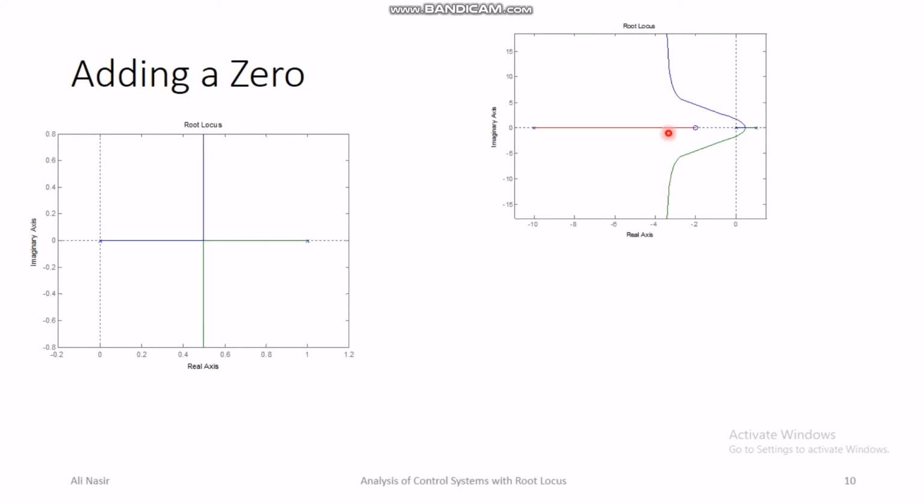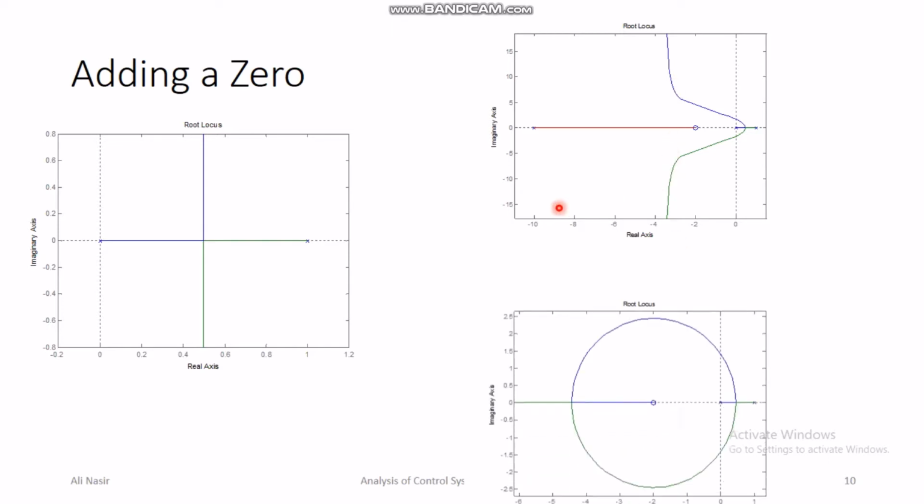So adding a zero in the left half plane bends the root locus towards the left, but not much, because we also added a pole. So adding a zero and a pole still bends the root locus to the left, but it still keeps this going up and down. So the two asymptote scenario is still there.